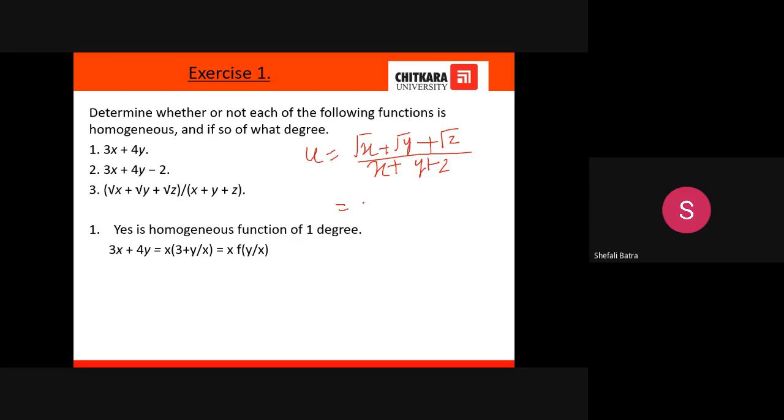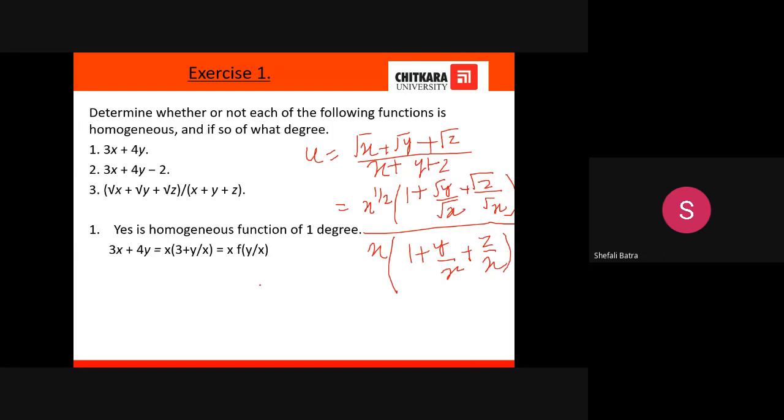So I'm taking x power half outside. So what is left inside? 1 plus root y upon root x plus root z upon root x, divided by, in the denominator you are taking x outside, 1 plus y by x plus z by x.